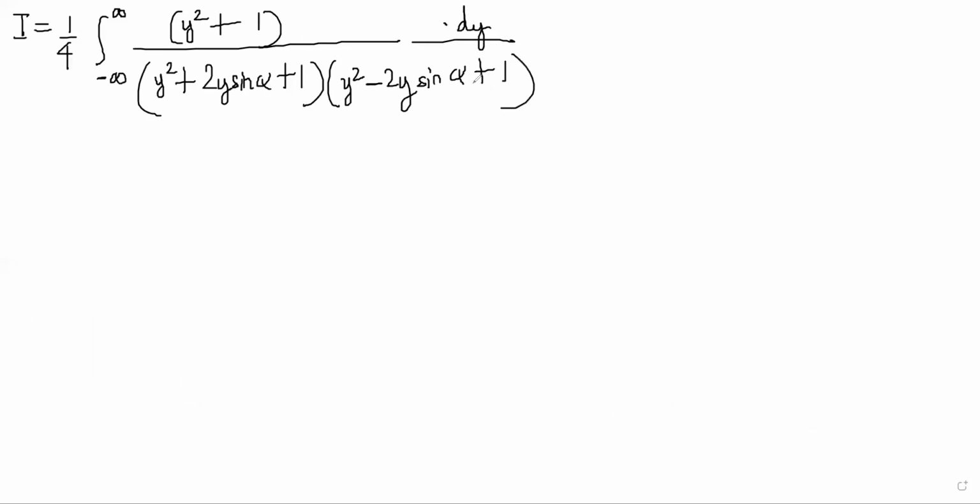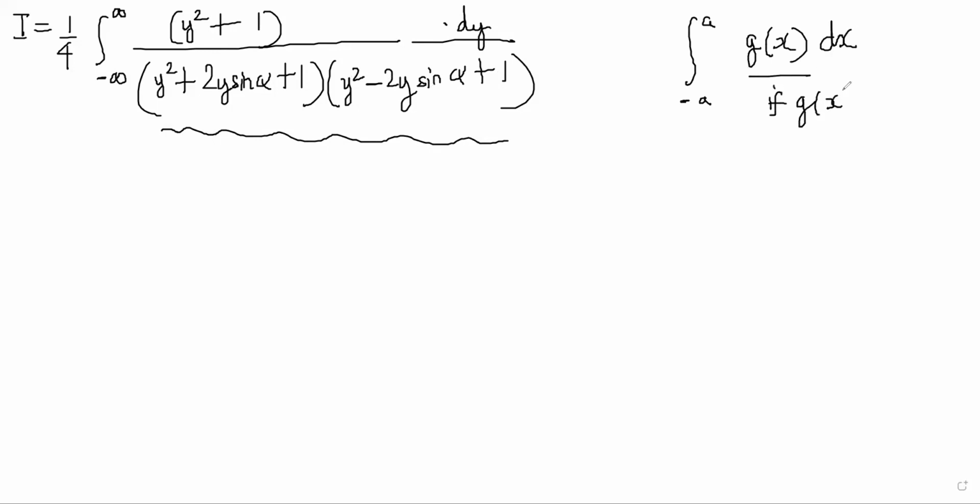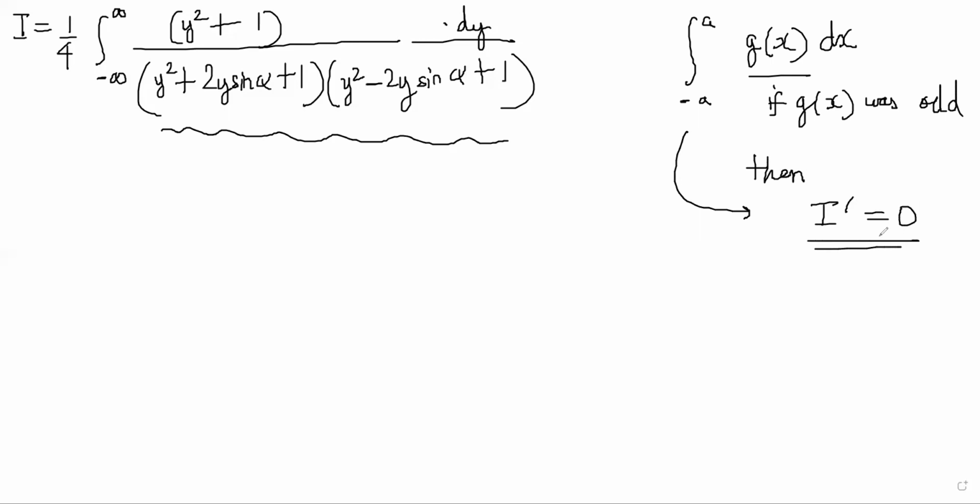Now another interesting property that we can use here is that this integrand is also even, right? Can you convince yourself this is even? Put minus y in place of y, you will get the same thing, right? This integrand is even, and when we have the integral from minus a to a of g(x) dx, if g(x) was odd, then this integral is 0, right? This is a standard property.